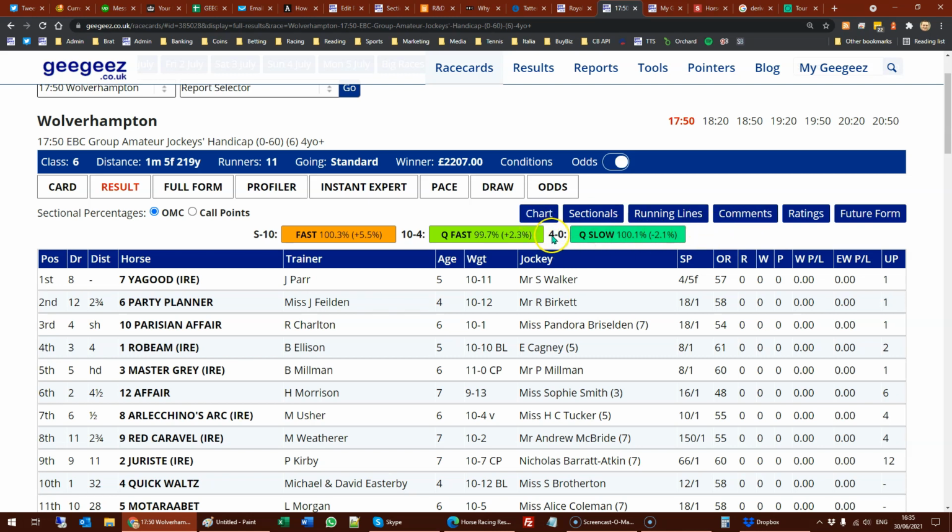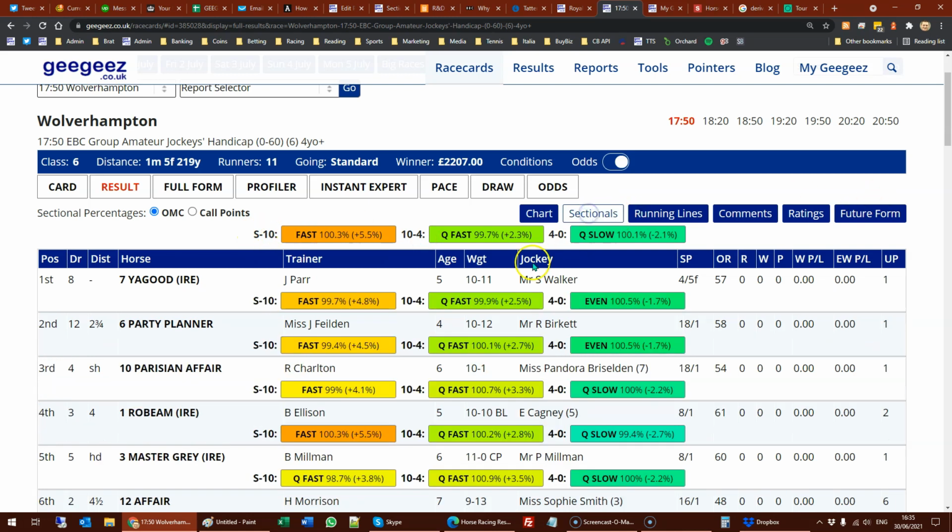So where the leader was at the 4 pole compared to the finish line, where they were at the 10 pole compared to the 4, and the start compared to the 10. So these are the individual runner sectionals. This row here relates specifically to Yargood. This one specifically to Row Beam, and so on.